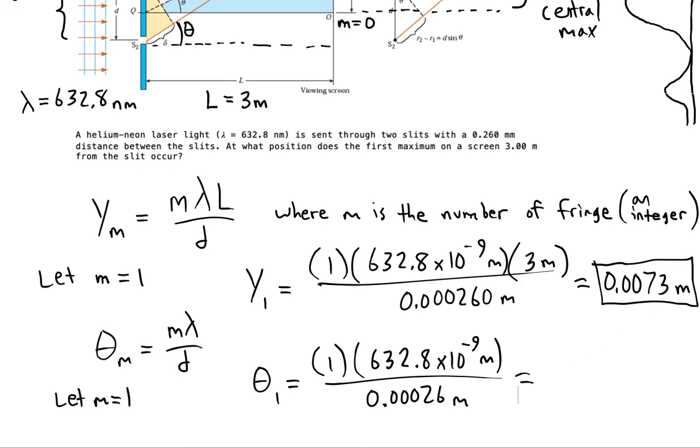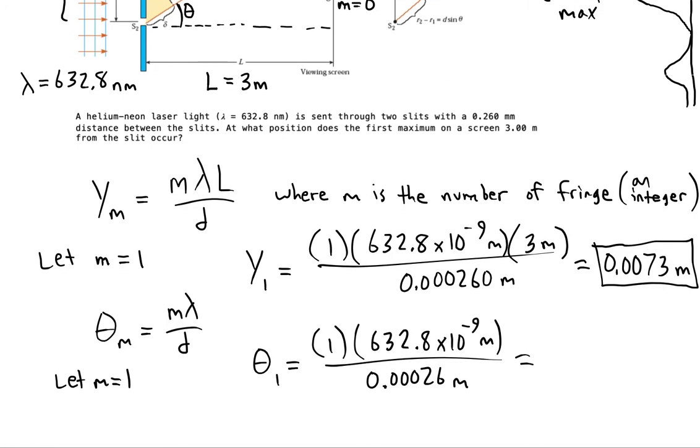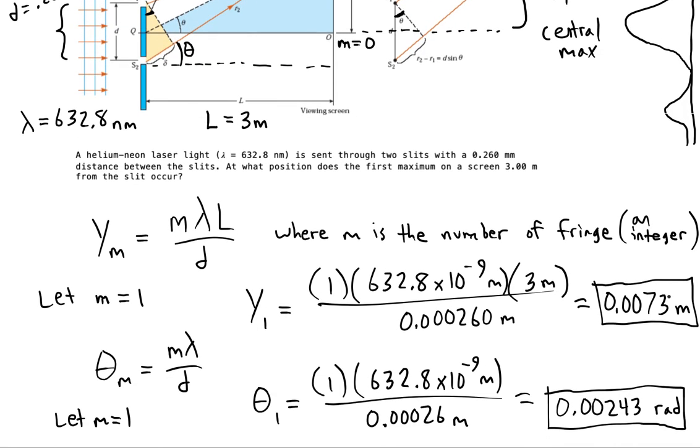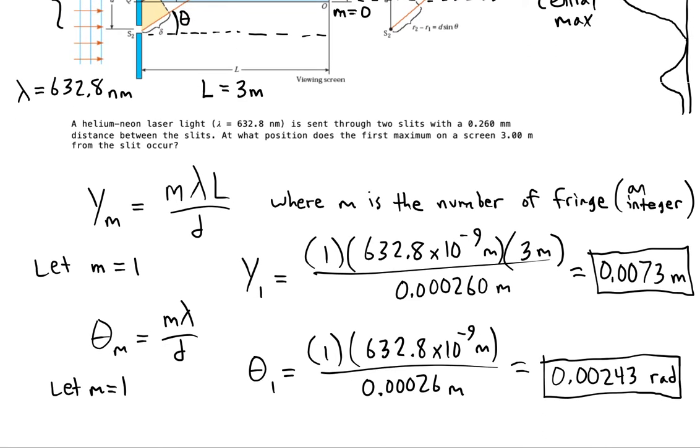And you get an angle, but it's going to be in radians, not degrees. I get 0.00243 radians. All right, not a very large angle.